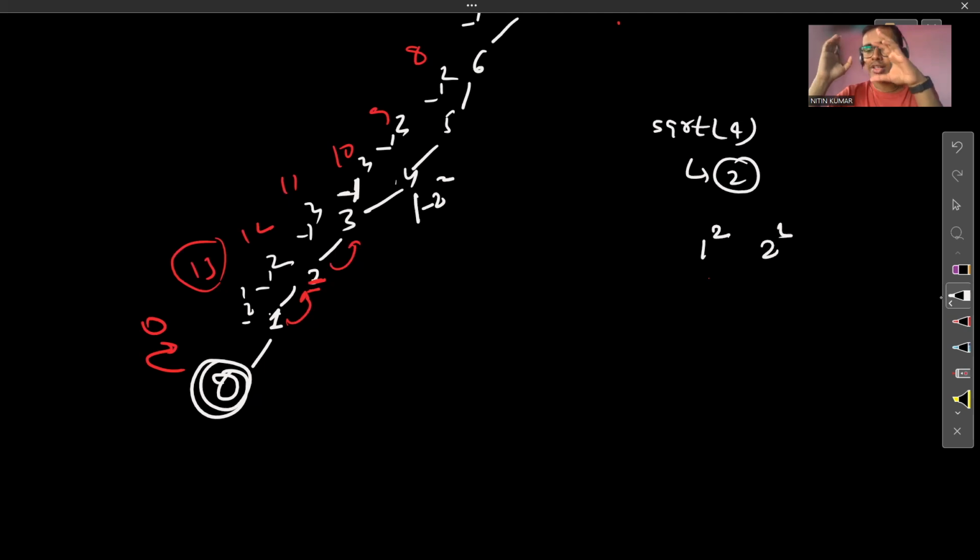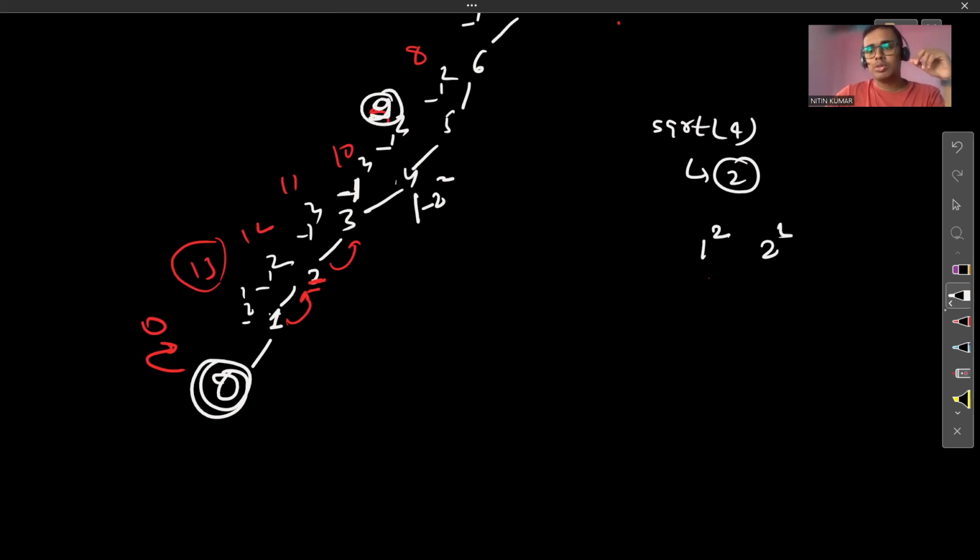We will be writing the recursion code also, but I am explaining here so that you can understand how my code will actually run in the backend. Now 2 square will be subtracted from here. To reach 4, how many steps have we taken in this process? Total 9 steps.